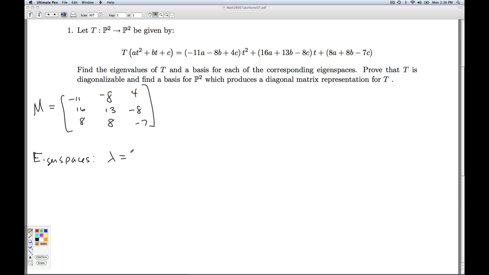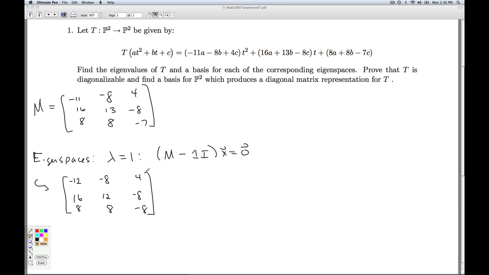We'll start off with lambda equals 1, and so really we're looking for the null space of M minus 1I. So we look at M minus 1I, and we're going to just subtract 1 off the diagonal of M. So negative 12, negative 8, 4, 16, 12, negative 8, 8, 8, negative 8.